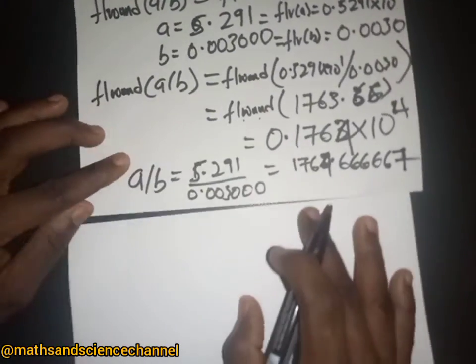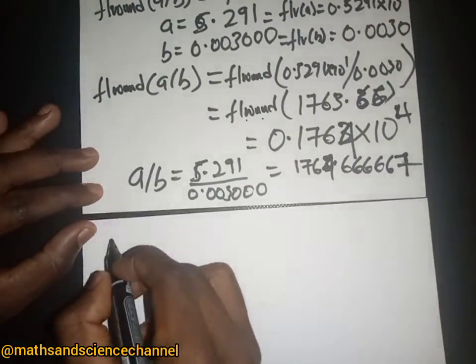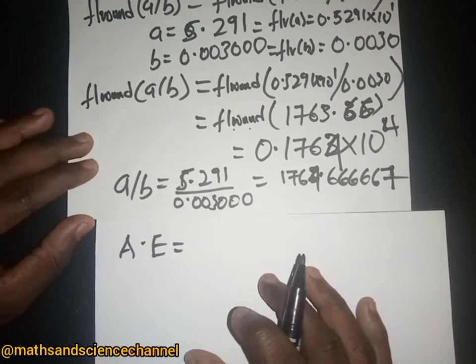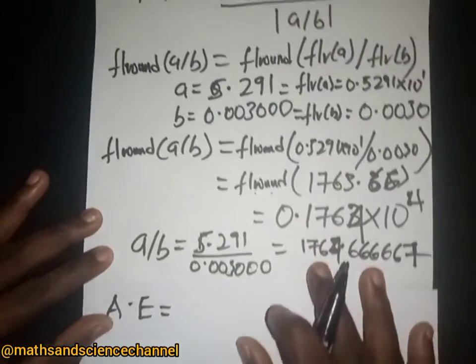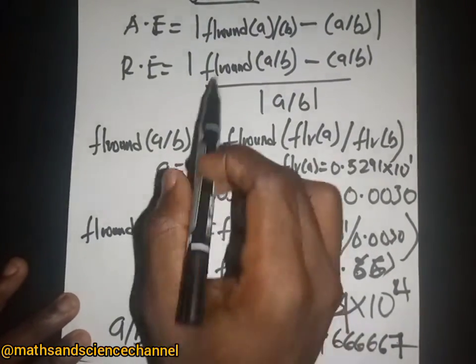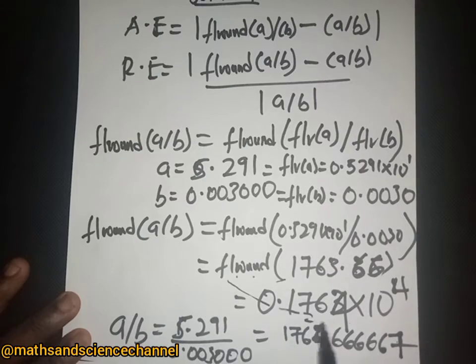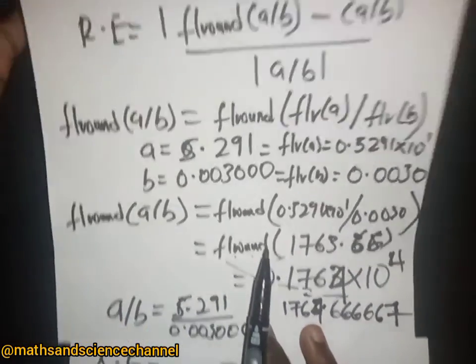Now all we need to do is compute the absolute and the relative error. The absolute error is given by the floating round of a divided by b, which we have here, so we substitute that.